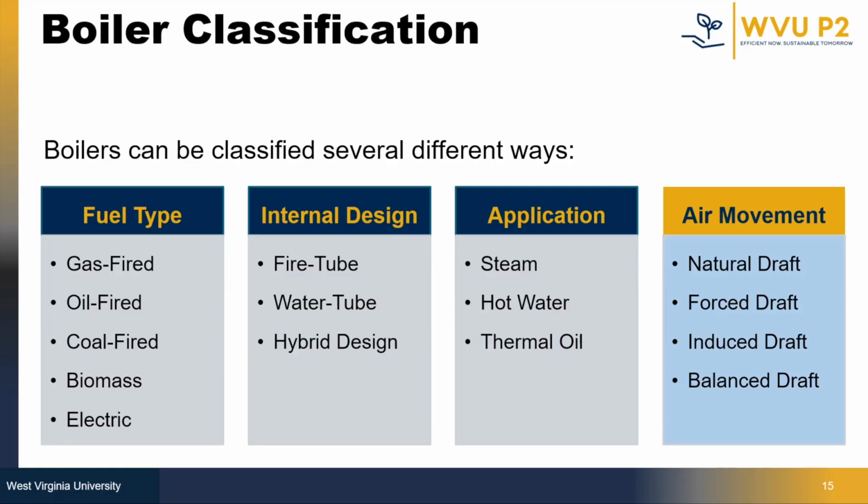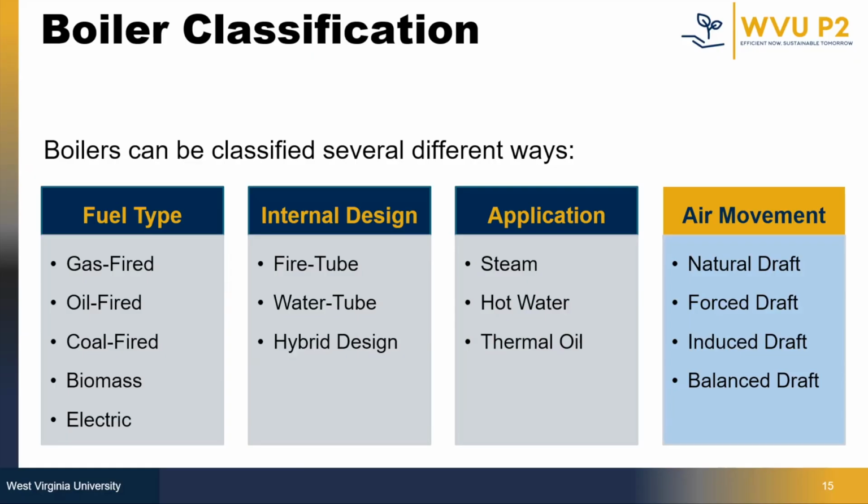Induced draft boilers use a fan at the outlet to pull air through the system and exhaust flue gases. They are not as precise for air-fuel control but help prevent flue gas leaks. Balanced draft boilers combine a fan at the inlet and another at the outlet. This keeps furnace pressure stable, making them most suitable for large utility-scale power plants.